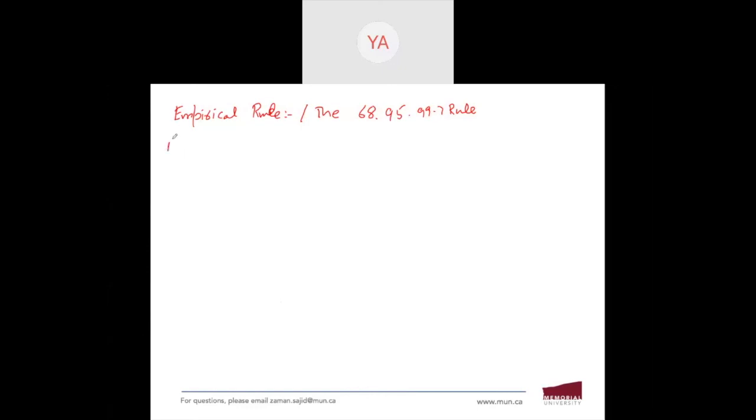This rule says that approximately 68% of the data falls within plus minus 1 standard deviation from the mean.